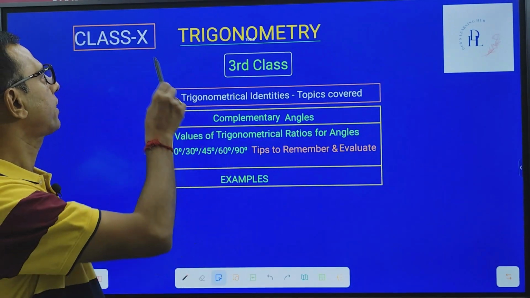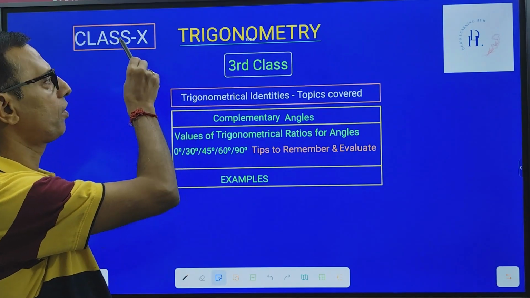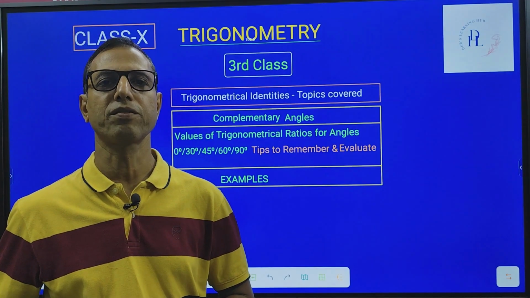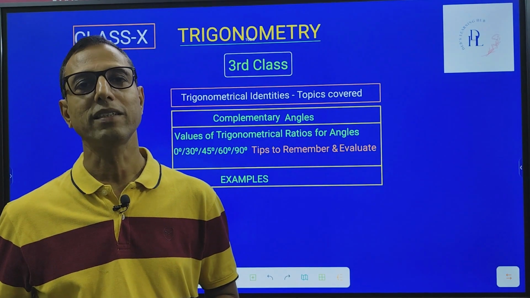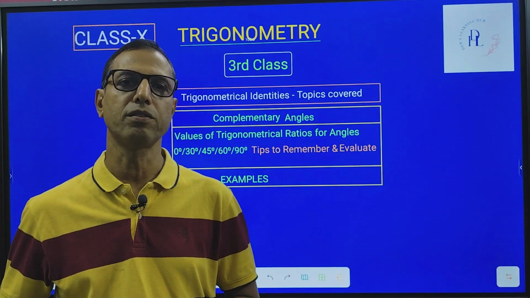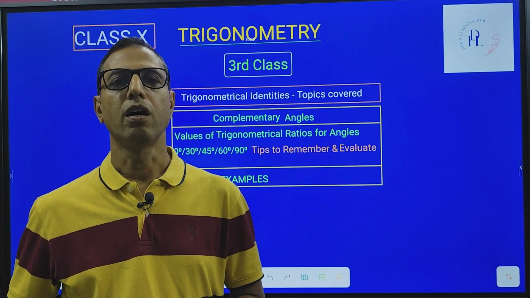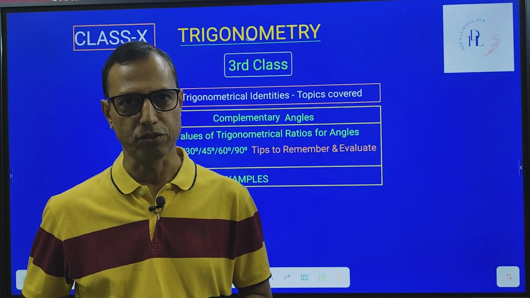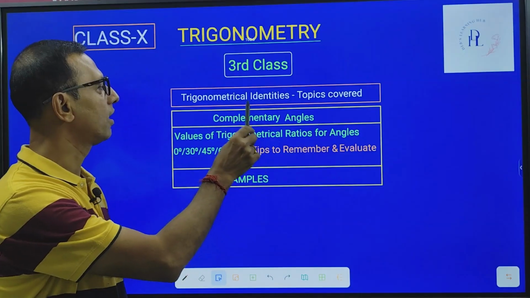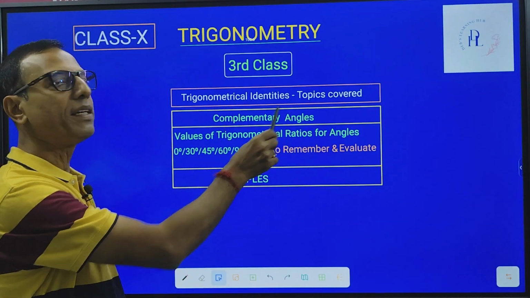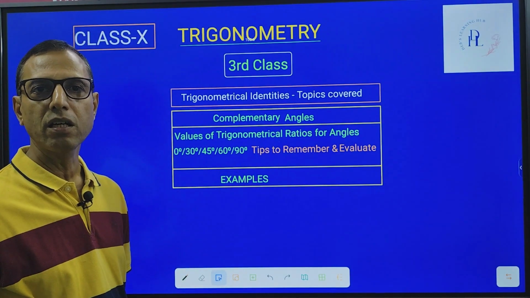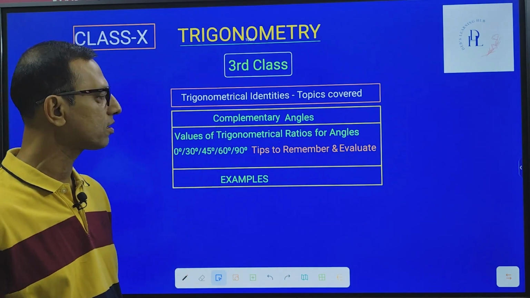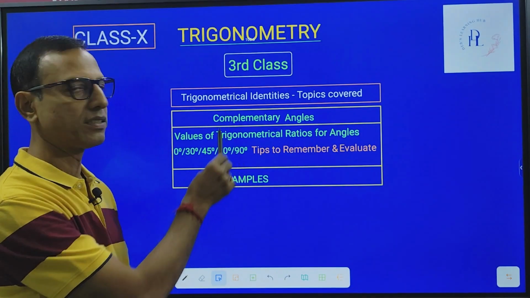Today we are going to take the class on trigonometry of class 10. This is the third class. In the first two classes I have covered examples and exercises as well as the overall idea of the trigonometrical ratios, the relation between them and the square formulas of trigonometrical ratios. In today's third class I am going to cover complementary angles: what complementary angles are and how to solve problems related to them, and then I will give a few examples.